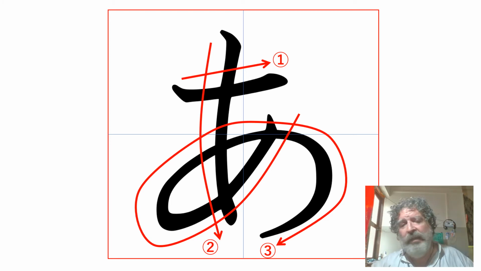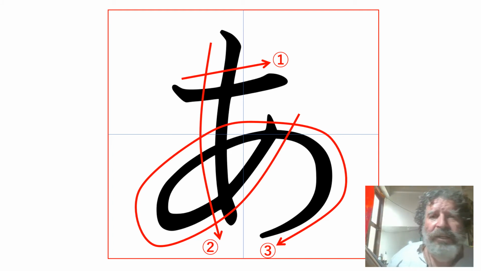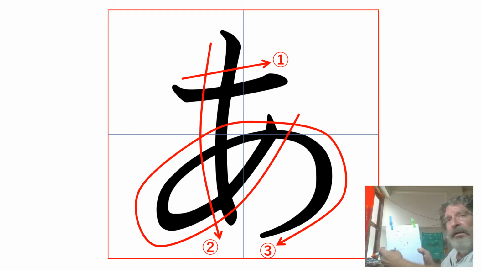So I'm going to take my pen once again, turn around a bit here, make sure that you can see it, and I'm going to write an A. Okay, A, and then the line here coming down like that. And then I'm going to nicely proportion it with this nice big loop.